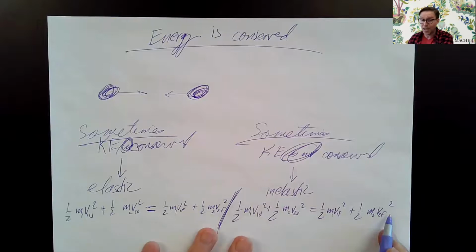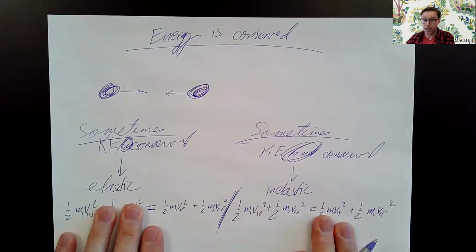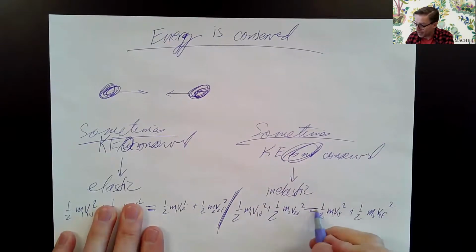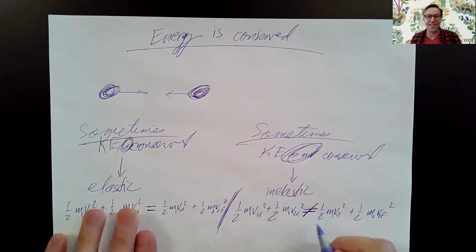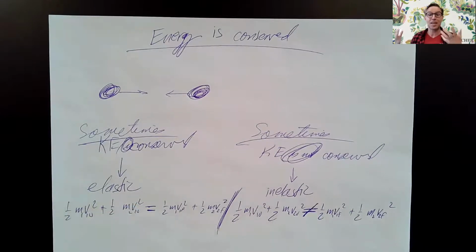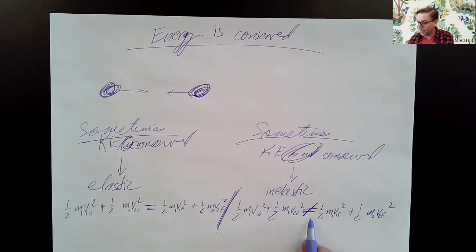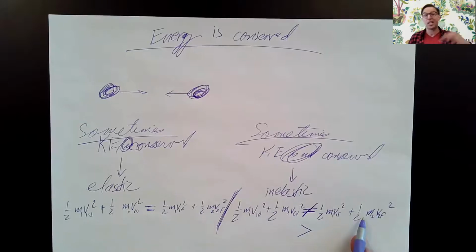The only thing I'm going to change: I'm going to take this equal sign and make it not equal. Some of the kinetic energy went away. Instead of unequal, I could even write greater than, because this kinetic energy before the collision should be greater than this kinetic energy after. Some of the kinetic energy gets turned into something else.